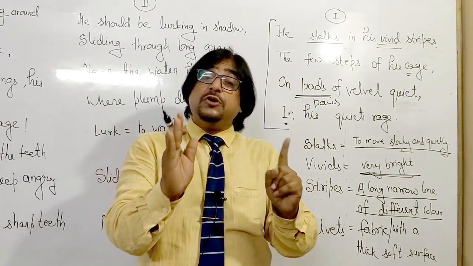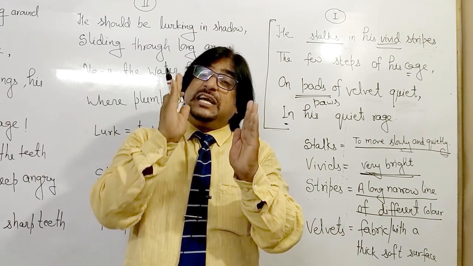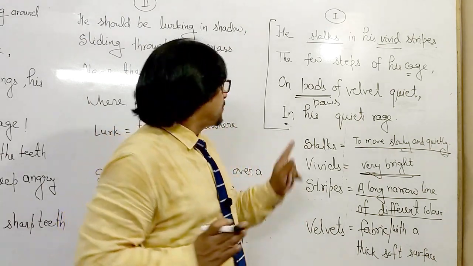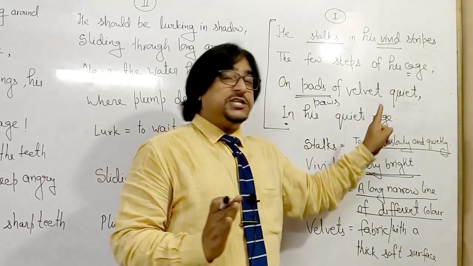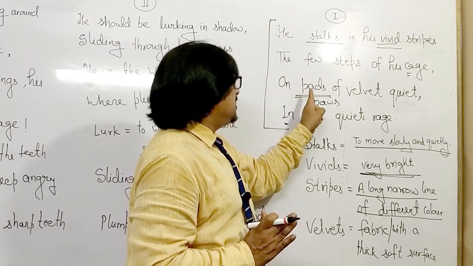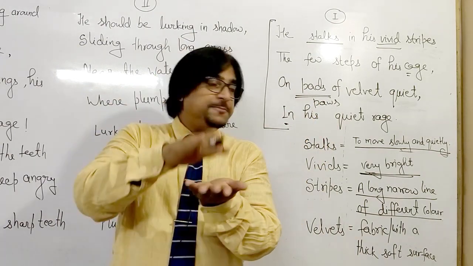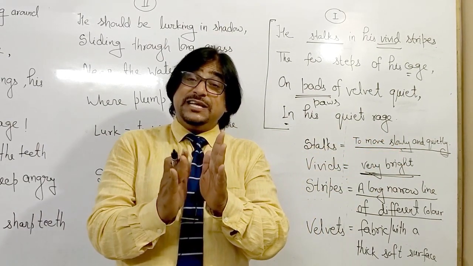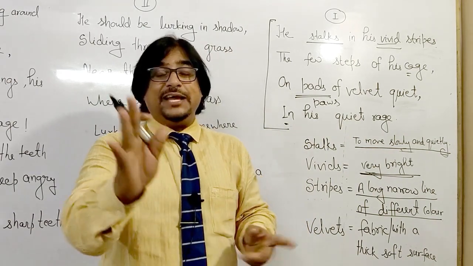He takes few steps in his cage because only in the cage can he walk, since he is locked in. He walks with the help of his pads, his paws that look like a soft surface. And in his quiet rage, that means he is in extreme anger, but still he is silent.